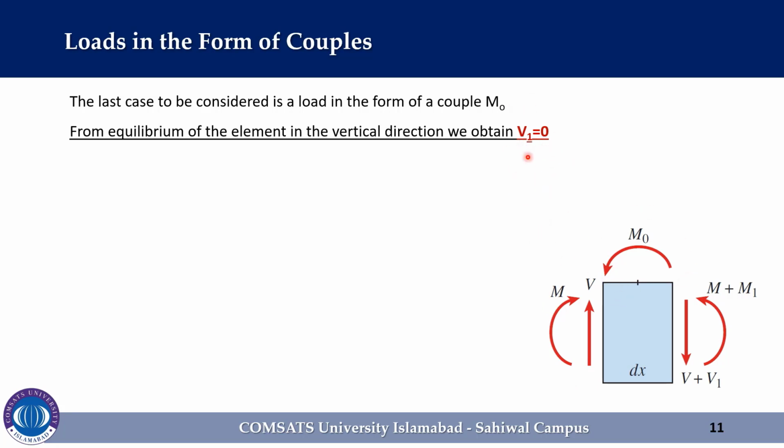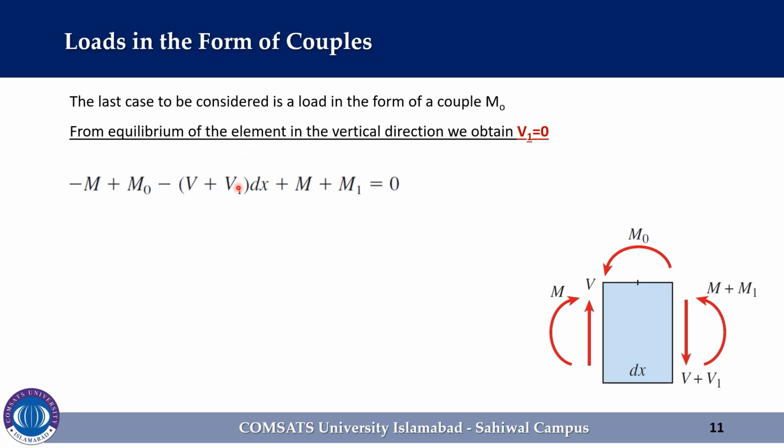However, equilibrium of moments about the left hand side of the element gives the expression: minus M plus M0 minus (V plus V1) dx plus (M1 plus M) is equal to 0.